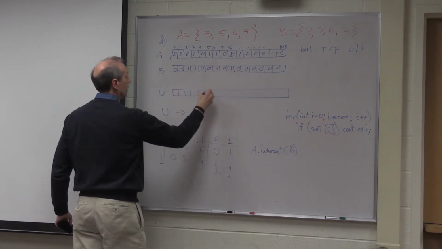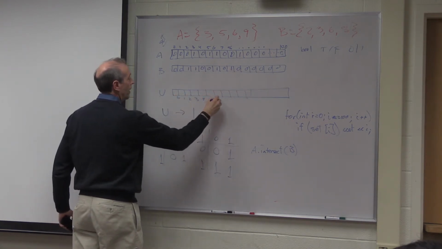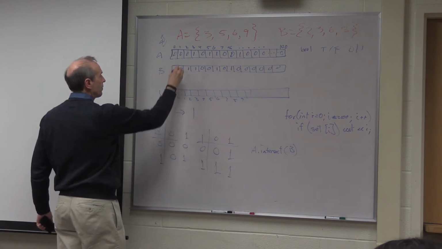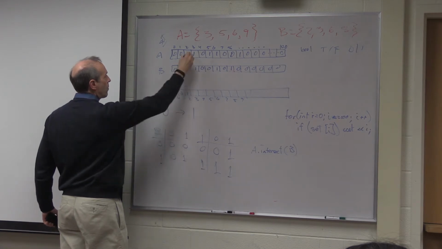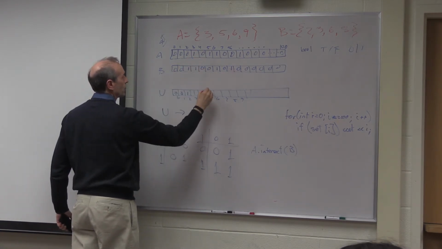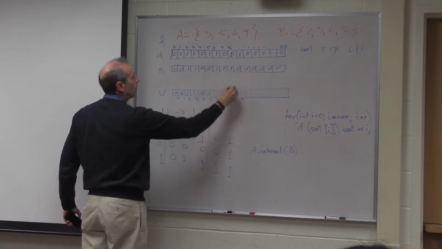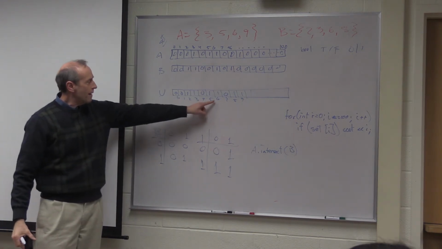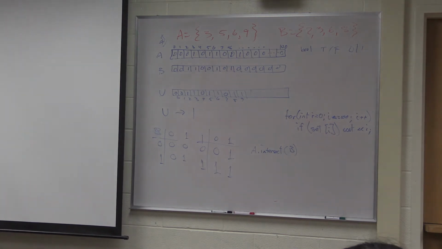Union. 0, 1, 2, 3, 4, 5, 6, 7, 8, 9. 0 or 0 is 0, 0 or 0 is 0, 0 or 1 is 1, 1 or 1 is 1, 0 or 0 is 0, 1 or 0 is 1, 1, 1, 1 or 1 is 0, 0, 1, 1. And there's my union. 2, 3, 5, 6, 8, 9. No ifs.